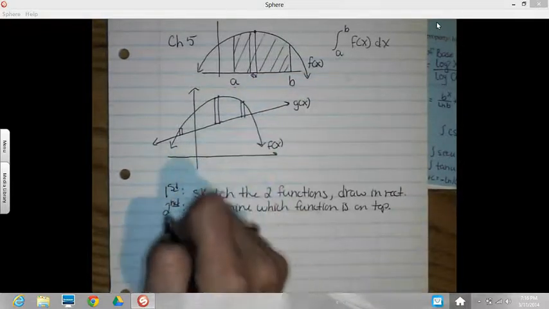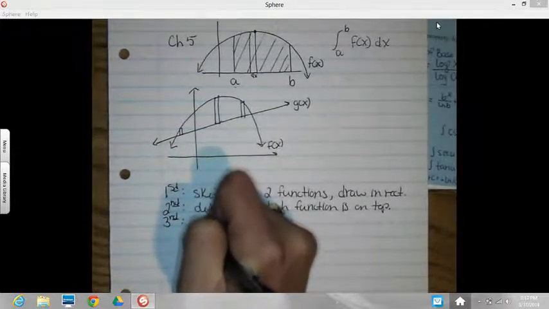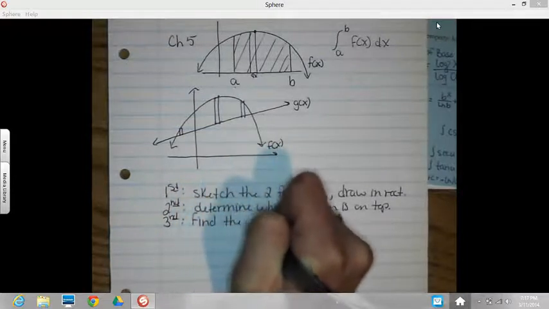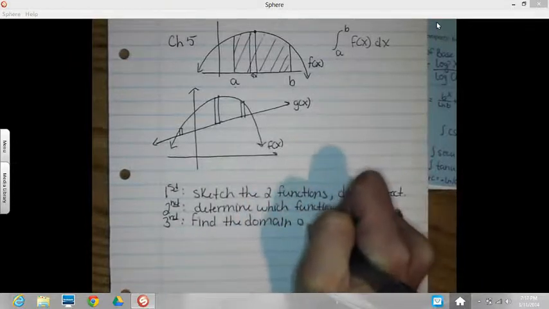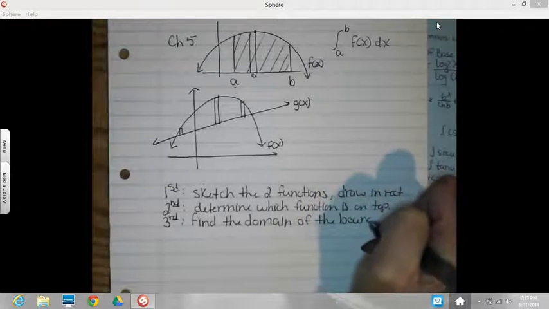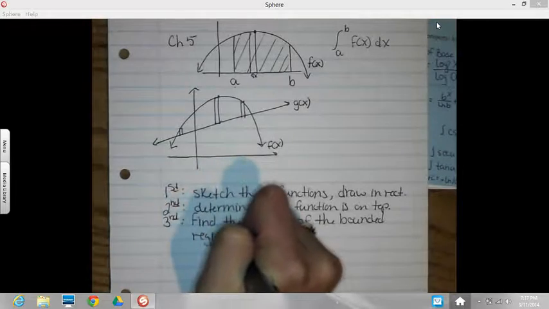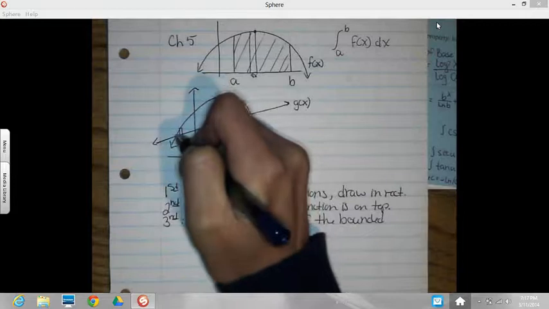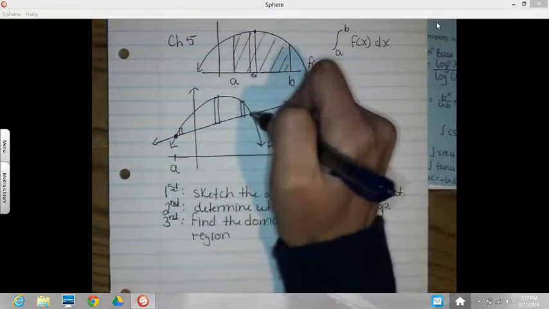So then the third step is to find the domain of the bounded region. In other words, you want to know what part of the x-axis goes from the first intersection to the other end of the intersection.